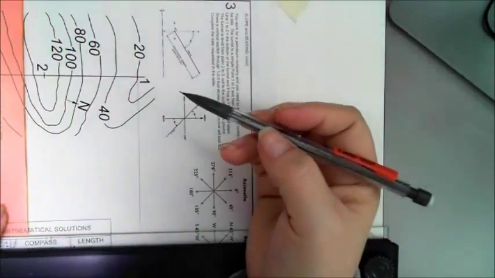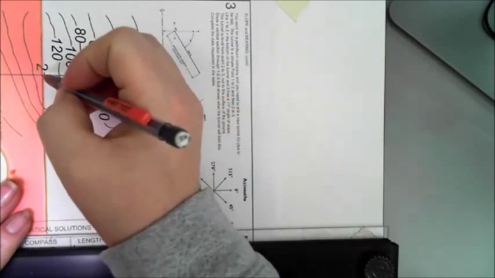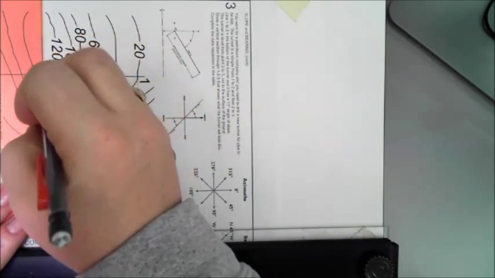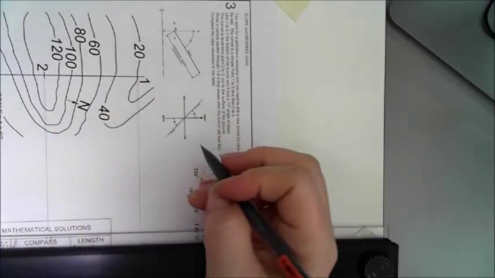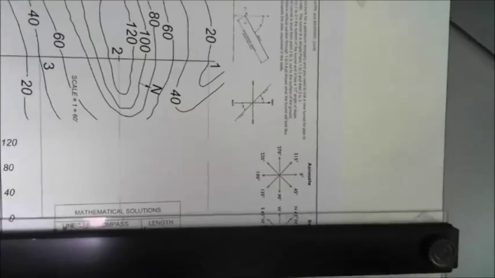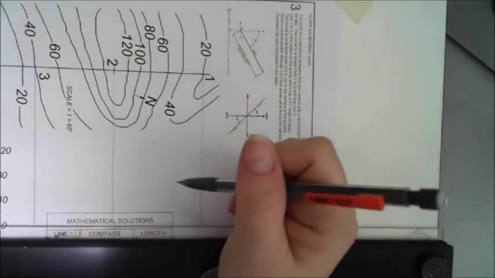I'm going to bring 1 down. Bring 2 straight down. Bring 3 straight down. Trying to see if I can get that in here a little bit better. Okay, there. You can kind of see it better now. There it goes. So I brought the points straight down.